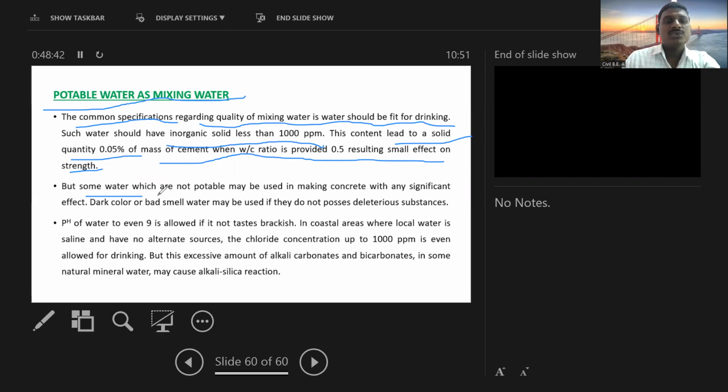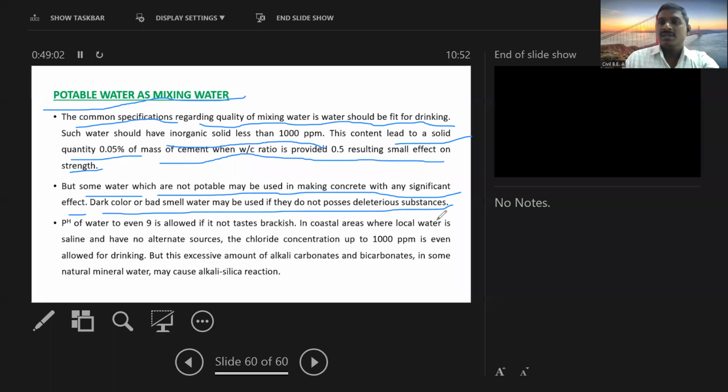Some of the waters which are not potable may be used in making the concrete without any significant effect, and dark color or bad smell water may be used if they do not possess deleterious substances.